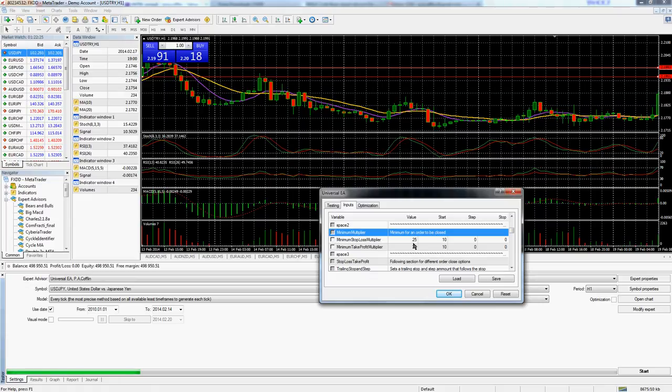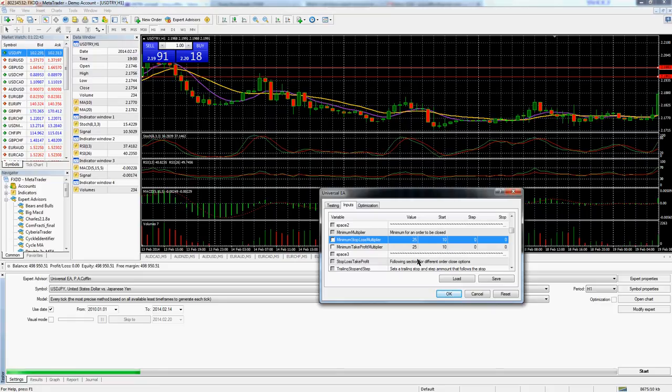Minimum stop loss multiplier is the amount of pips an order has to go before it can close with a stop loss or take profit. This just minimizes an order being opened and immediately closed, because you will lose your margin every time, which is about 2 pips.